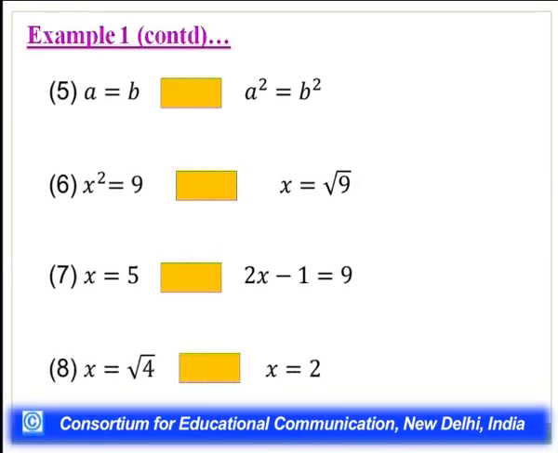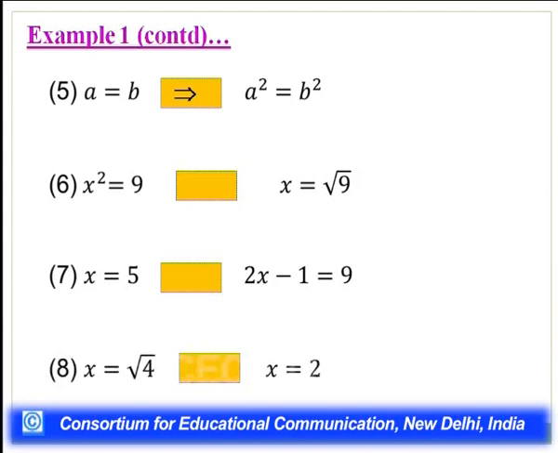The right side proposition A square equal to B square implies that A is either equal to B or it is equal to minus B. So in this case, the left hand side proposition will imply that the right side is true, but not the other way around, because if we look at the right side proposition, that is A equal to B or A equal to minus B, that can't imply that the left side will be true. So here our implication arrow will go from left to right.